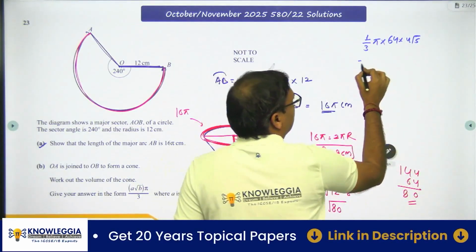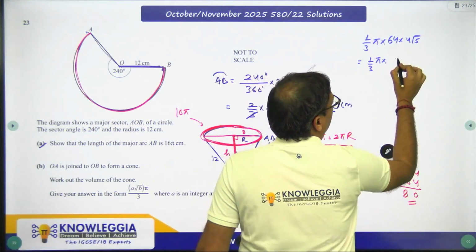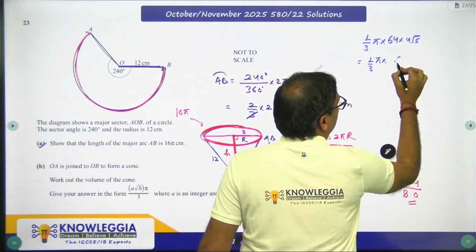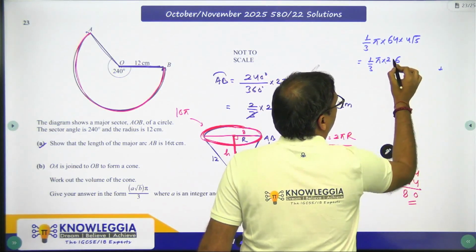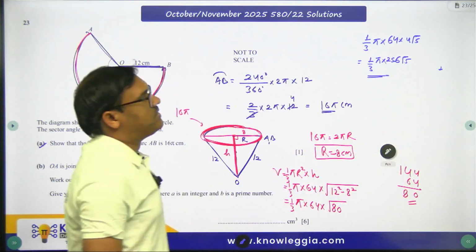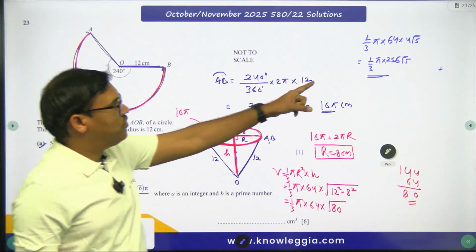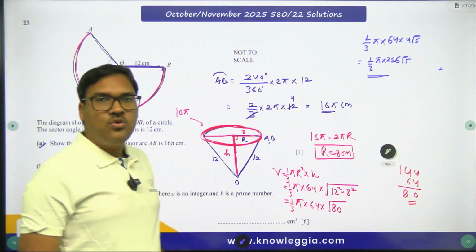So this is 1 by 3 pi into 256 root 5. So that is the answer for this question. The volume is 256 pi root 5 upon 3.